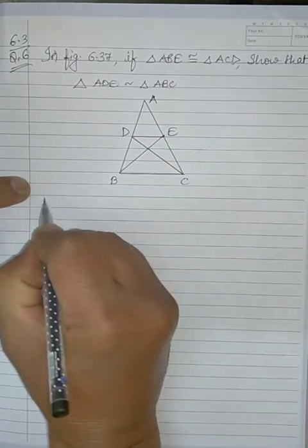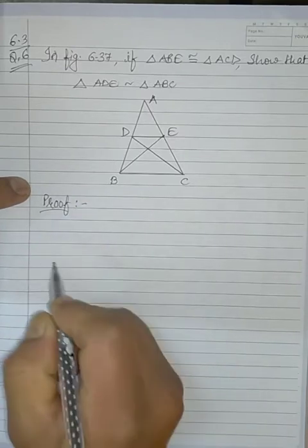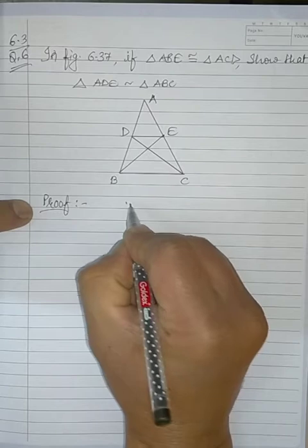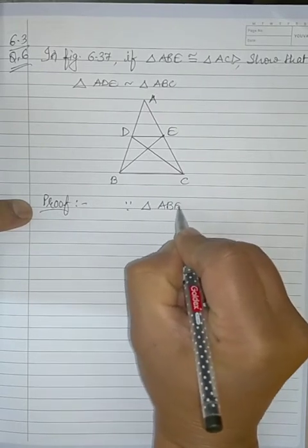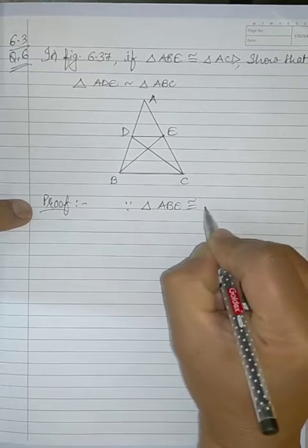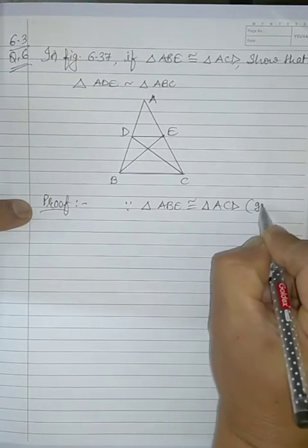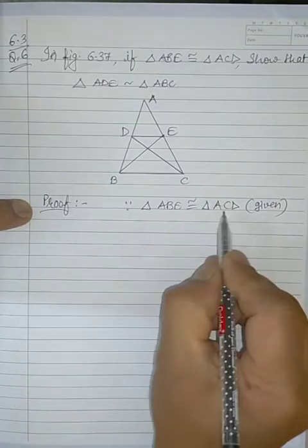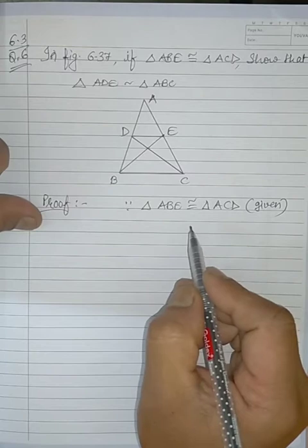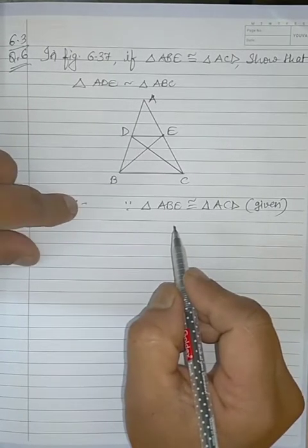So since triangle ABE is congruent to triangle ACD, which we are given, if two triangles are congruent, we can collect their corresponding equal sides and equal parts.